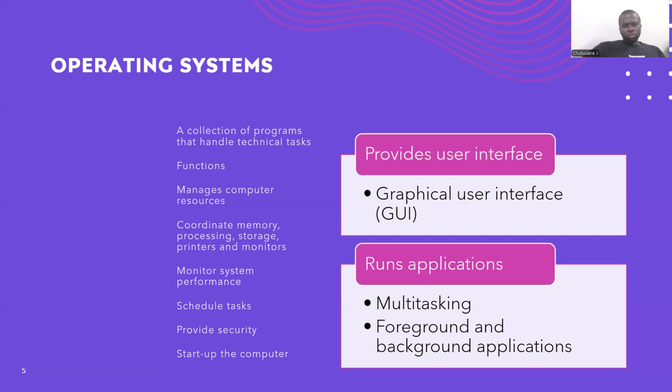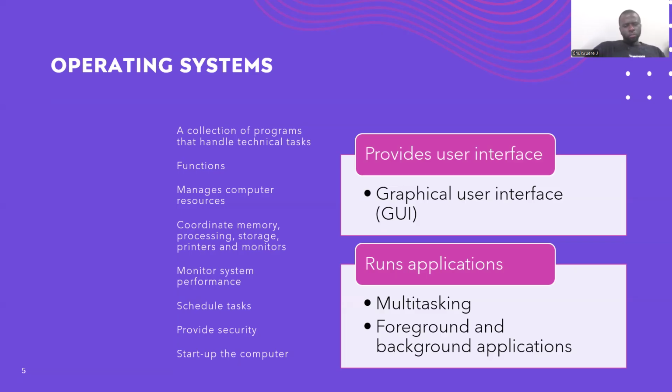So it coordinates the memory, processing, storage, printers and everything. Your printers are also connected through your operating system, and your memory, external memories, internal memories, and all the rest of them, they're all being controlled, managed by your operating system.